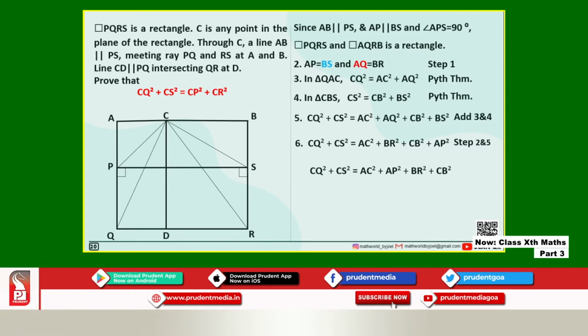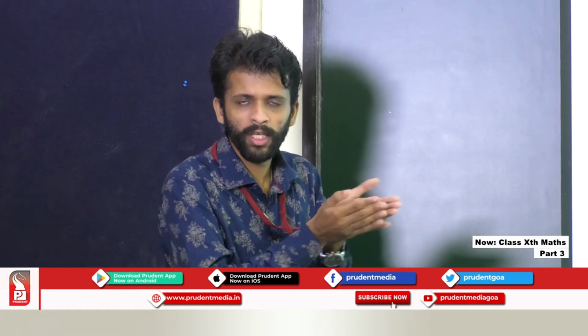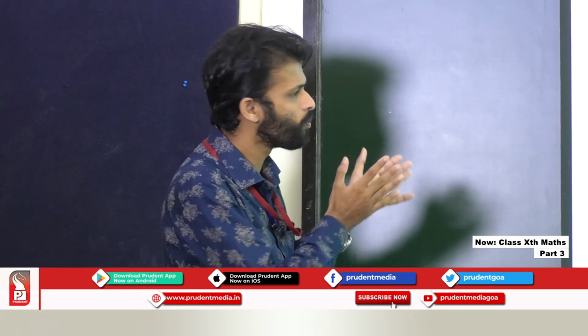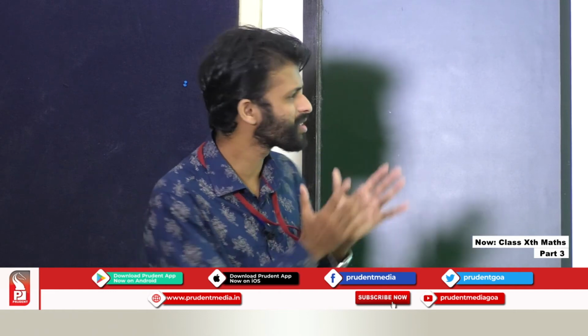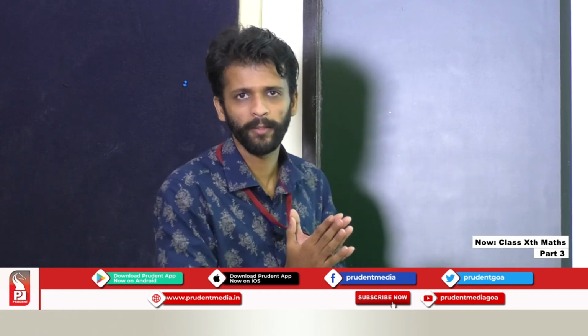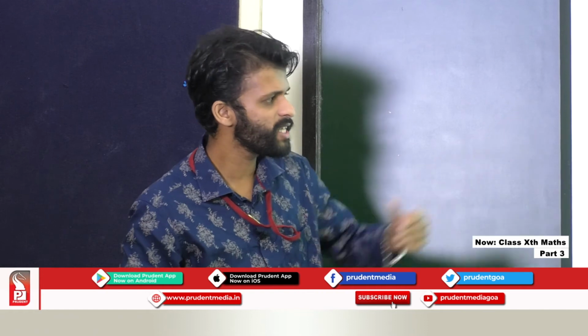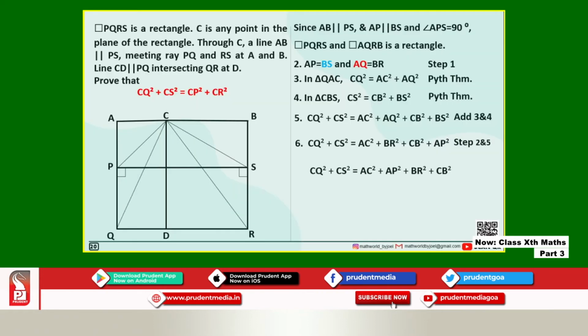Whereas AC square and BR square are different parts of different triangles, right? So I'm just trying to get the same things together. It's like, you know, birds of the same feather flock together. So you're trying to get the same terms together. And that's how I have written AC square plus AP square together. Same way, BR square plus CB square.